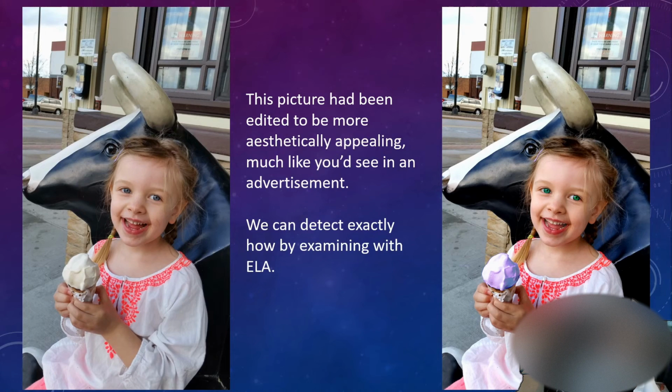In magazines, television, everywhere on the internet, advertisements contain altered images to the point where we begin to have difficulty spotting the alterations because it's just so much noise. But using error level analysis, we can determine exactly how this image has been altered, and in this case altered in the form of an advertisement to make it more aesthetically appealing.